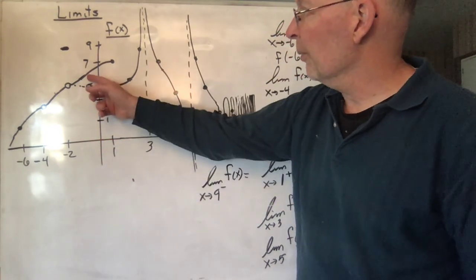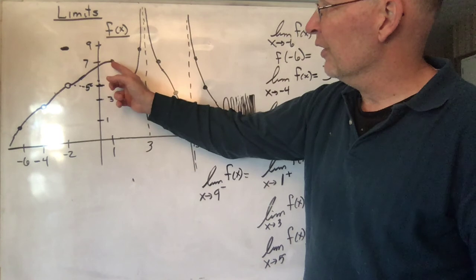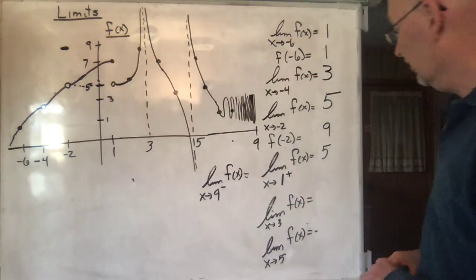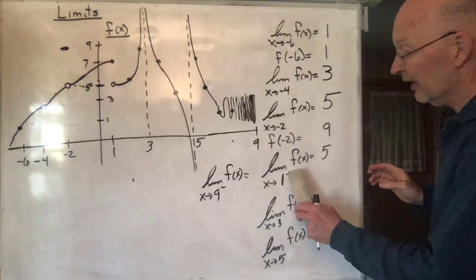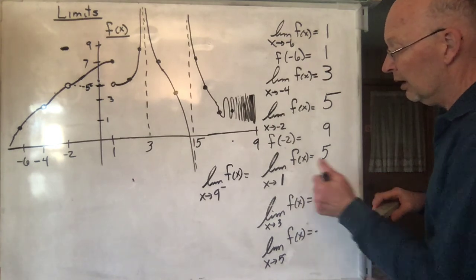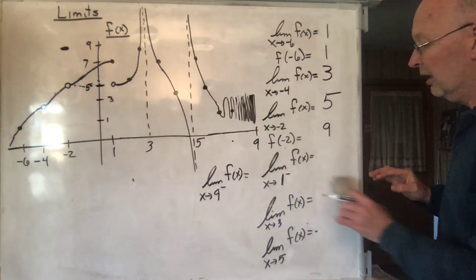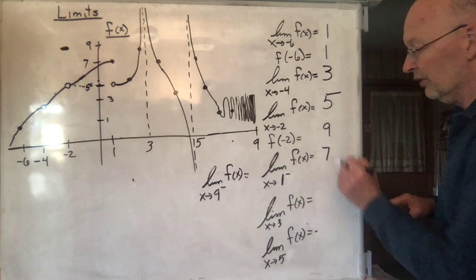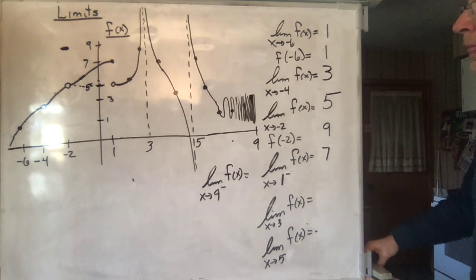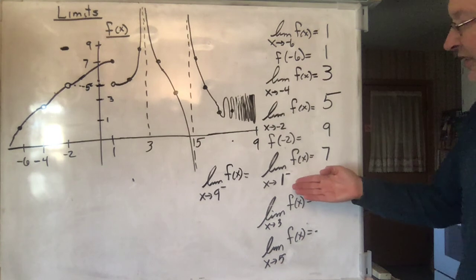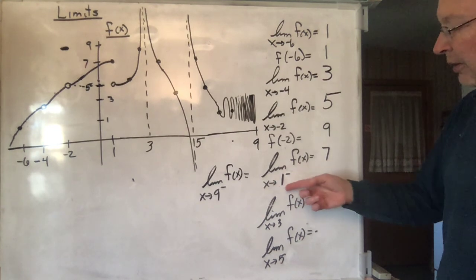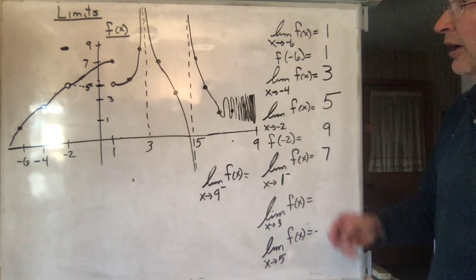As we approach 1 from the left, the value of the function is getting closer and closer to 7. So to indicate that, we put a little negative sign right there, and then this would be 7. That's all there is to it. Okay, so those are called one-sided limits. A limit doesn't exist, but it does exist from the left and the right.